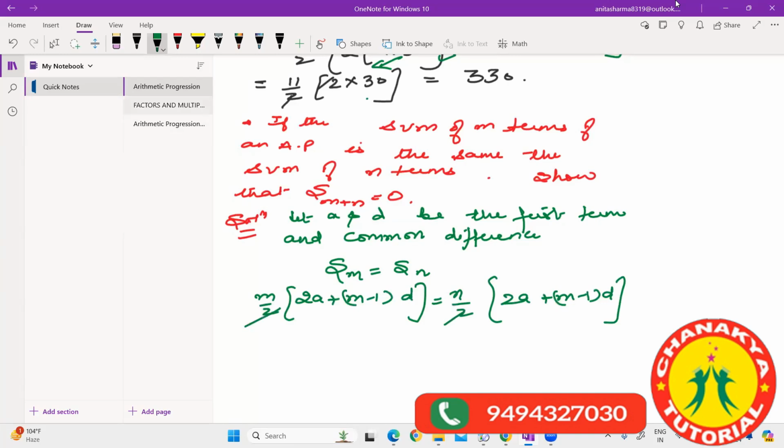Abhinav, done? Moksha, Pranya, Kashvi, done? Still doing, ma'am. Ma'am, isn't it n by 2 into 2a plus n minus 1 into d? Yes, yes, by mistake I have written it here.